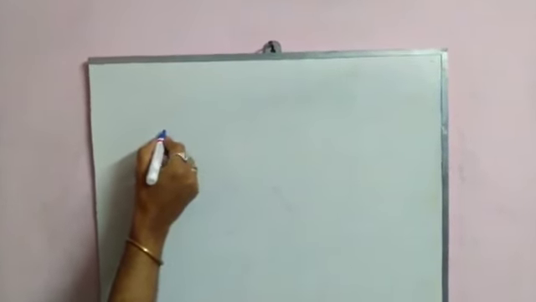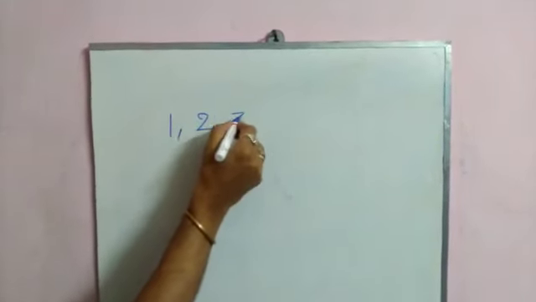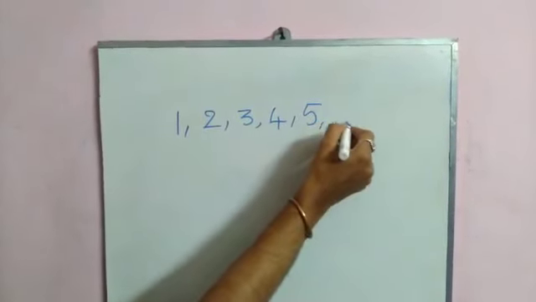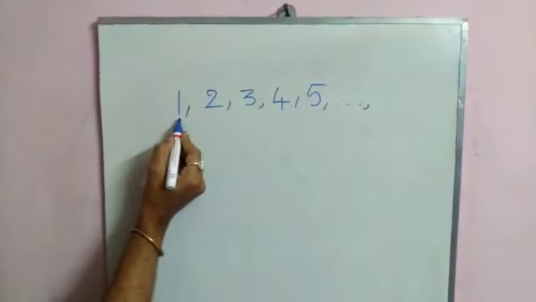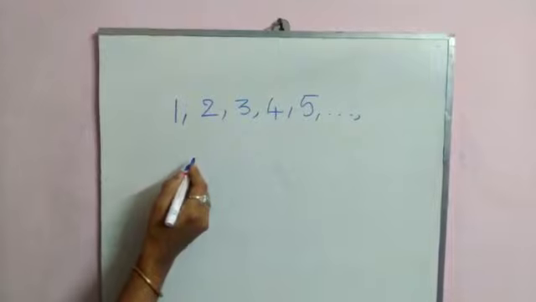We know the natural numbers start from 1, 2, 3, 4, 5 and so on. The first natural number is 1. Now I will ask you one question.